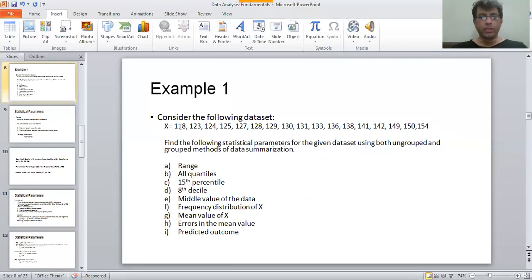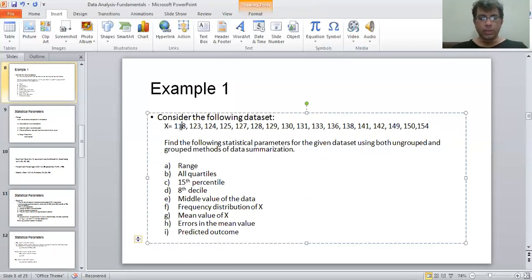So the value 118 is at the first position, the value 123 is at the second position, the value 124 is at the third position, and the value 125 is at the fourth position. So at the fourth position we have 125, but since our location was 4.5, we have to move 0.5 ahead from 125, and this will be the quartile 1 value.